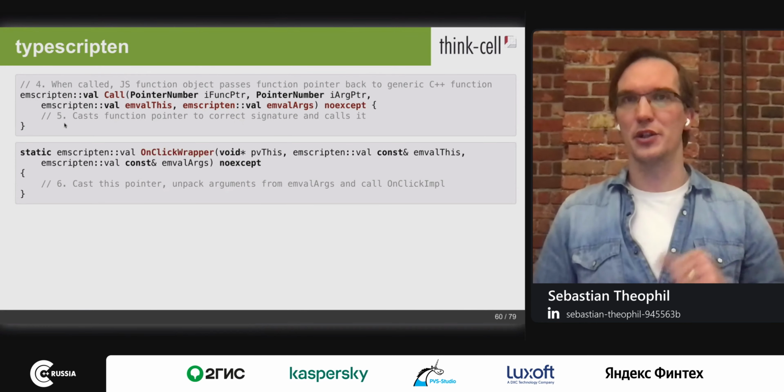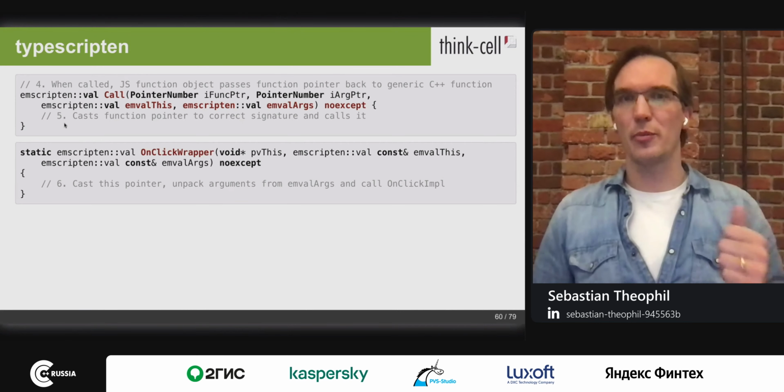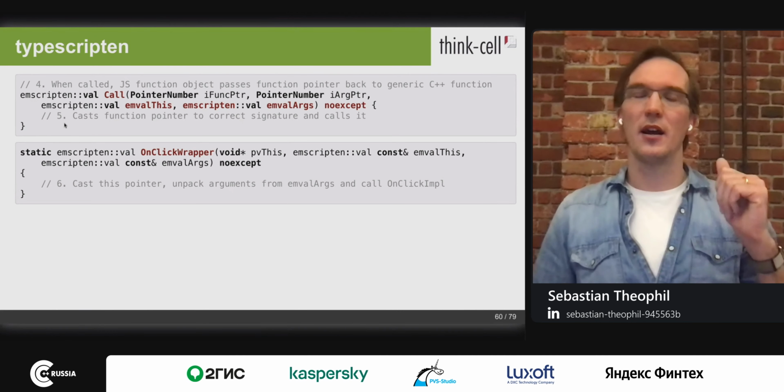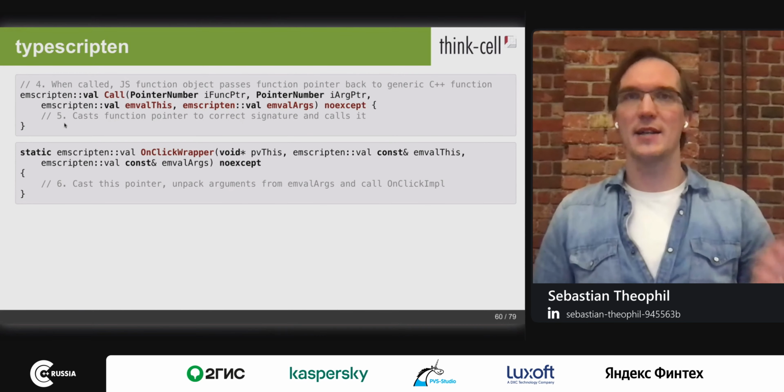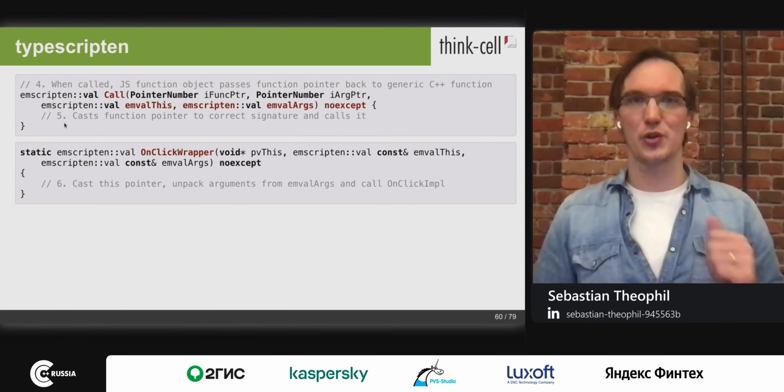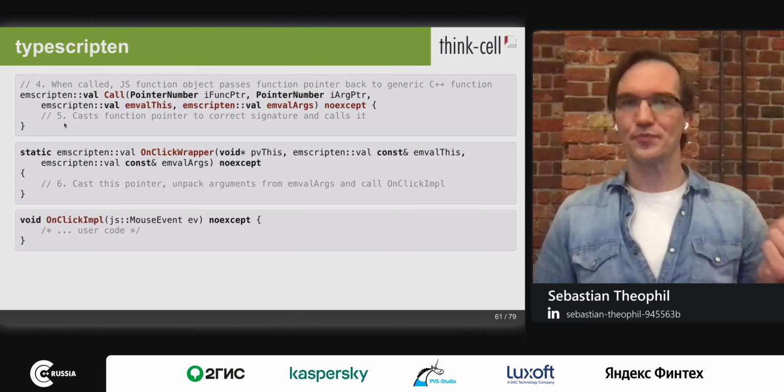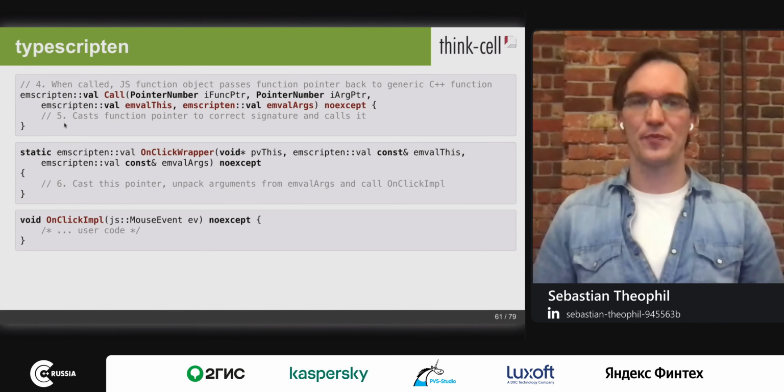And then we are back in our generated wrapper function. And that one has another important task. It knows the correct function signature for our actual on-click function. So it can unwrap the JavaScript arguments one by one and pass them individually into our actual function implementation, which was this. It just took one single argument, which was an event.